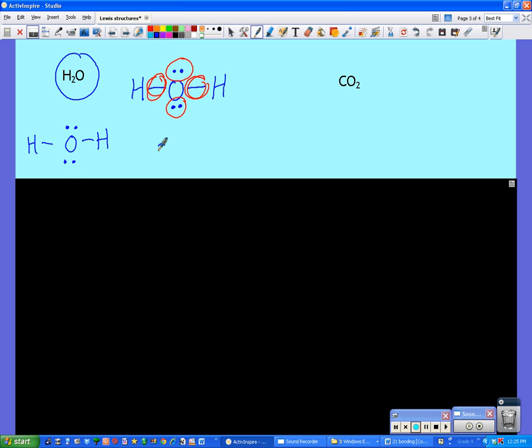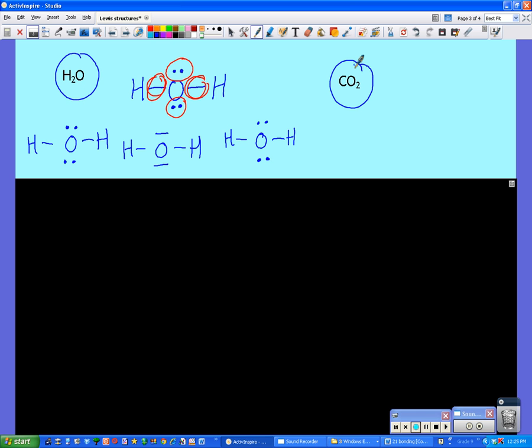Or, if you choose, it could be like so, or like so. Anything's acceptable here, as long as we're showing the electrons as dots, crosses, or lines, though a line represents just a pair of electrons.